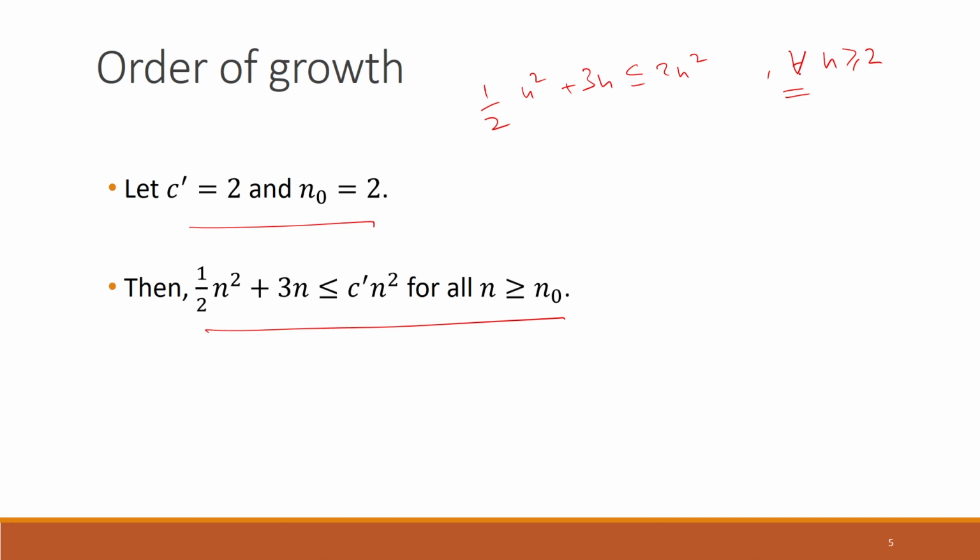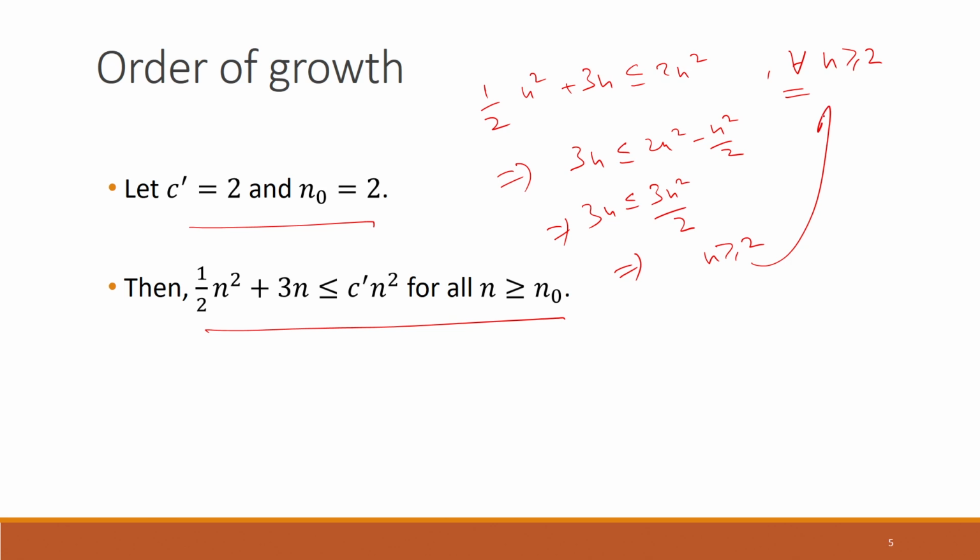This symbol is for all. Let us take the term half n square to the right hand side. We will get 2n square minus n square by 2, and therefore, we get 3n is less than or equal to 3n square by 2, and therefore, we get n is greater than or equal to 2, and this is what we had claimed here.